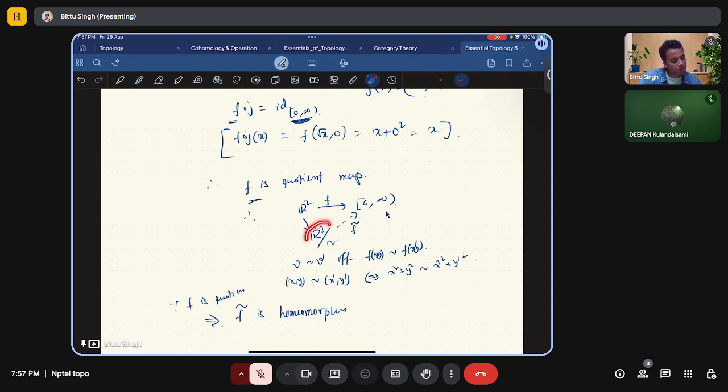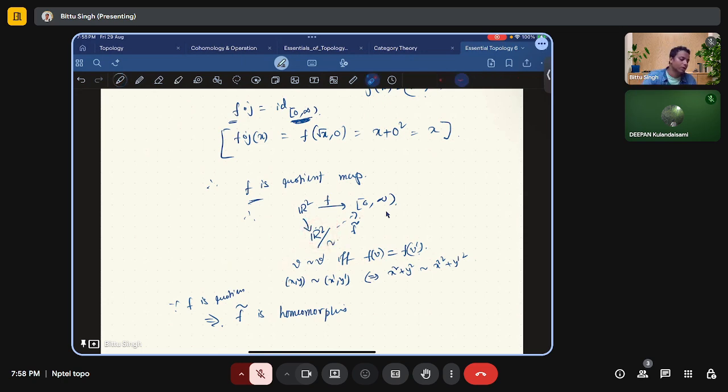Now if we consider the relation on R2, the domain, modulo the relation like this, we are identifying the fibers: V and V dash are identified if FV equals FV dash, if they map to the same image. If we identify in this way, then it factors through this quotient.